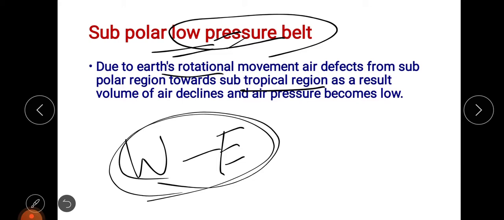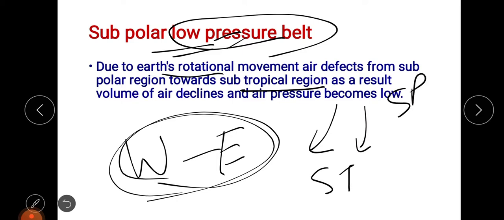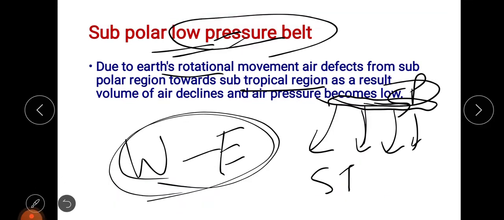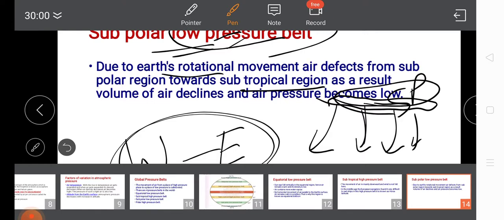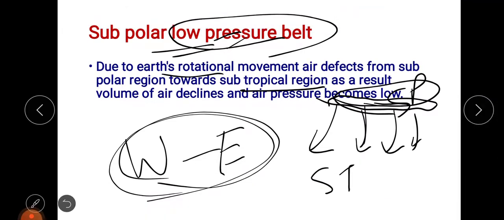With rotation from west to east, the wind deflects from the subpolar region towards the subtropical region. Suppose this is the subtropical region and this is the subpolar region, so like this the air deflects. Because the volume of air becomes less here, a low pressure is formed in this region. That is called the subpolar low pressure belt.